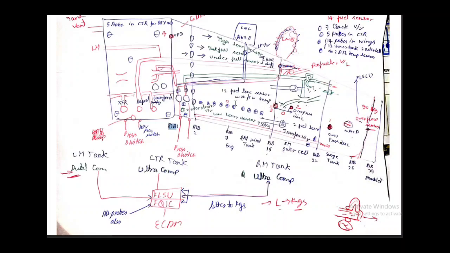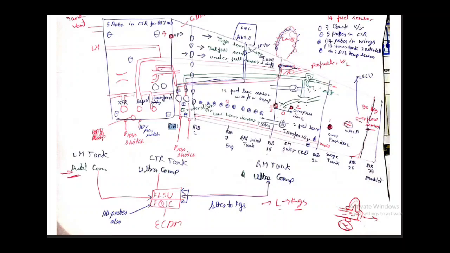Out of 14, 12 fuel level sensors will be on the inner tank, and it will take the average value from the fuel level sensing. So the total 12 probes are on the inner cell, and on the outer cell there will be around two, with fuel level sensing and a temperature sensor.